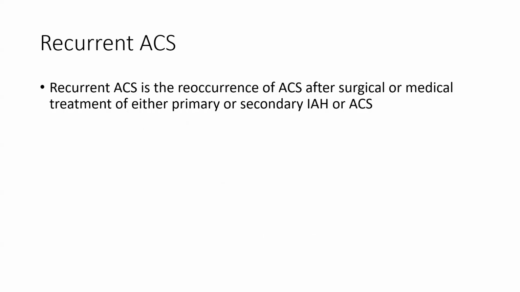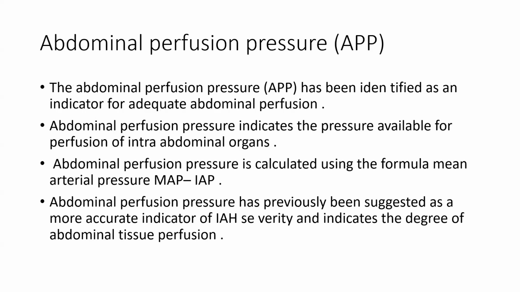Recurrent ACS is the reoccurrence of ACS after surgical and medical treatment of either primary or secondary intra-abdominal hypertension and abdominal compartment syndrome.